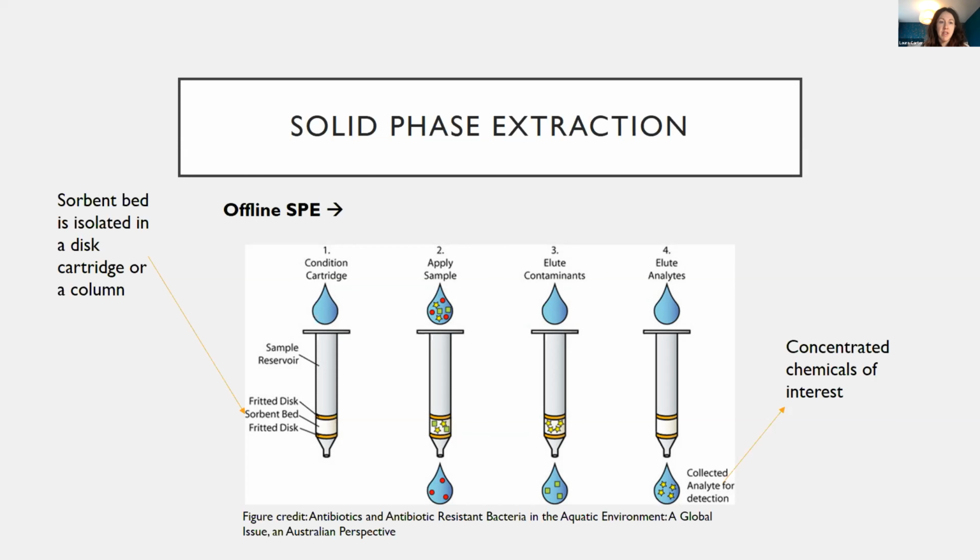Then, as I said, your contaminants are retained on the sorbent, and the water is discarded, coming out the bottom of the cartridge. Then you elute your compounds of interest using a few mils of solvent. This is a relatively time-consuming process, but if you're dealing with trace level analysis, it's really important.